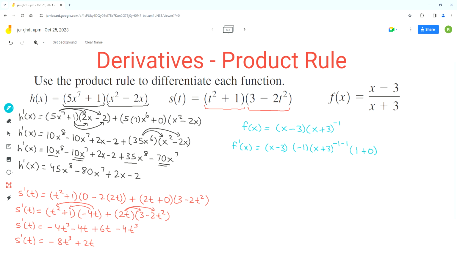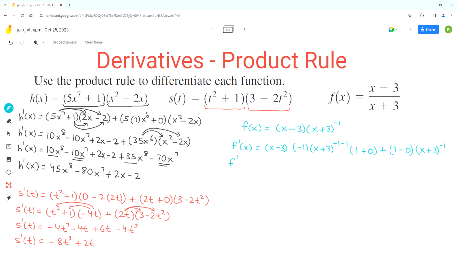So the derivative of x is 1 and the derivative of 3 is 0 because 3 is a constant, plus now the derivative of the first function. So the derivative of x minus 3 is just 1 minus 0 because the derivative of x is 1 and since 3 is a constant, the derivative is 0, times the second function which is x plus 3 exponent negative 1.